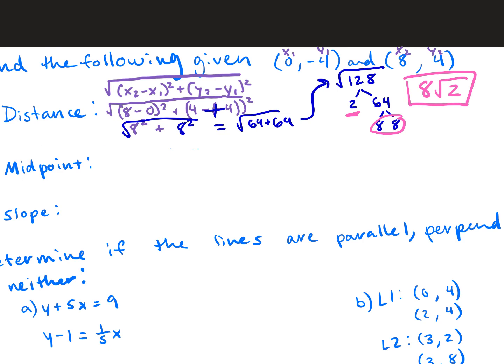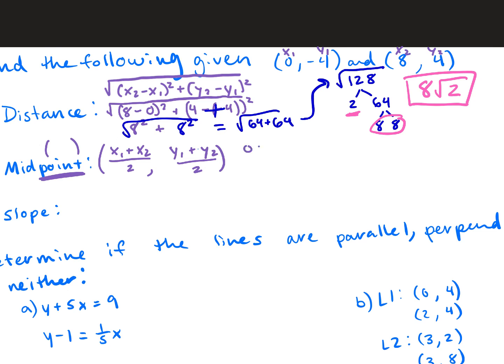For the midpoint, our formula is x1 plus x2 over 2, comma, y1 plus y2 over 2. Now the midpoint is a point, so when you list it, make sure you put it in parentheses. So let's plug in all of our values.